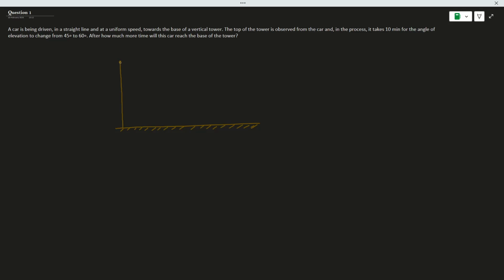From here, initially the angle of elevation was 45 degree. Then the car moved towards the base of the tower, and the angle of elevation changed to 60 degree. This angle is 60 degree. This angle is 45 degree.